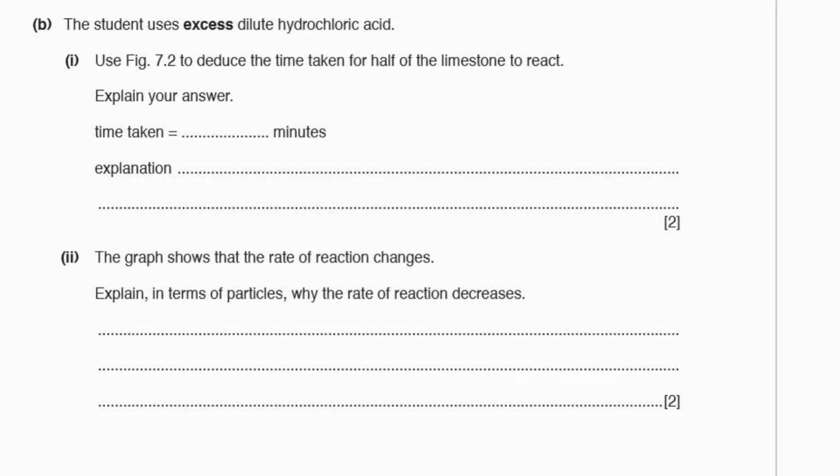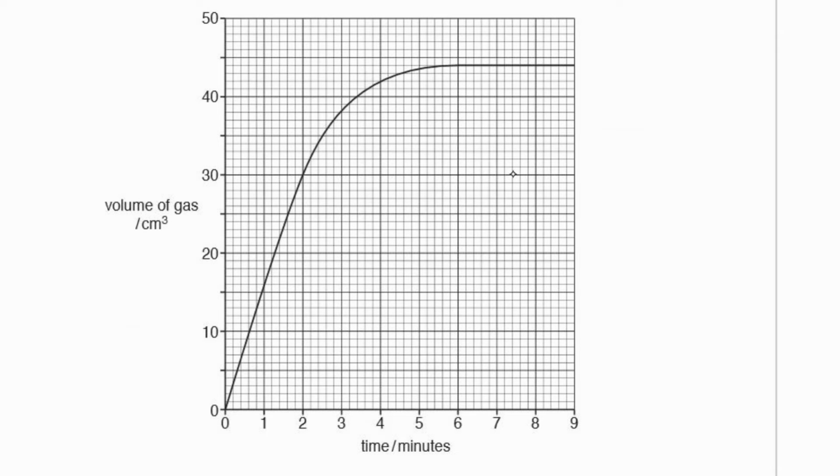1, use figure 7.2 to deduce the time taken for half of the limestone to react, and explain your answer. So if you look at this, the maximum amount of carbon dioxide that was produced was 44 centimeters cubed. So for half of the limestone to react and produce the carbon dioxide, half of that would be 22, and that is right about here.